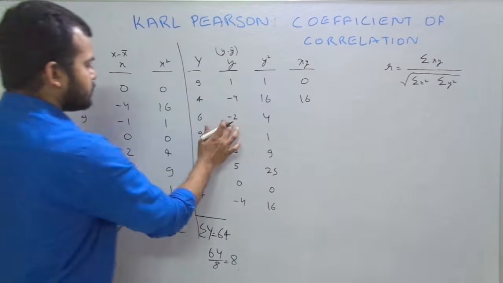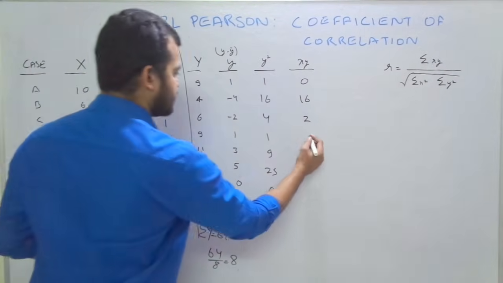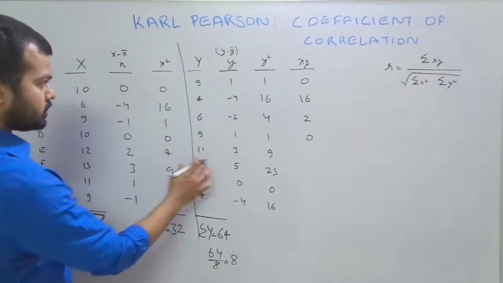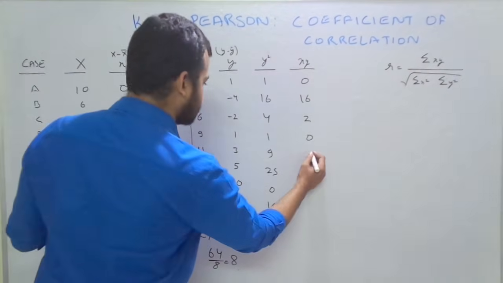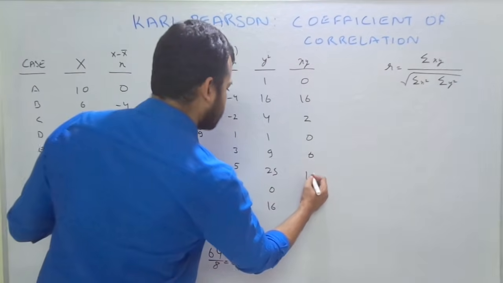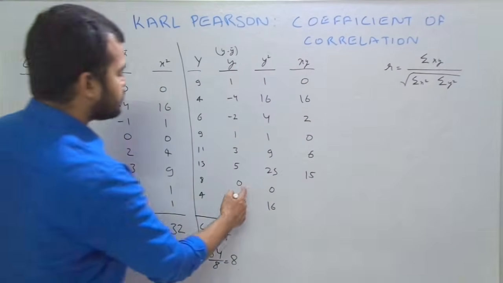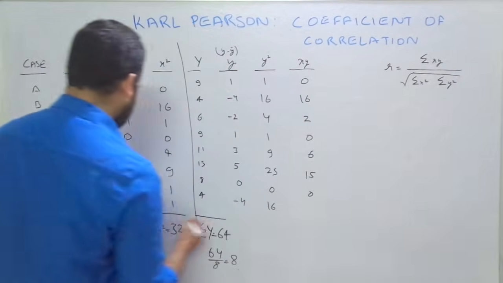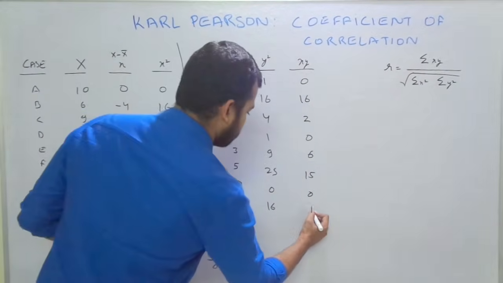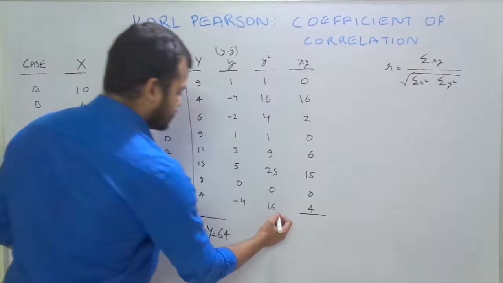Minus 1 into minus 2, that is 2. 0 into 1, that is 0. 2 into 3 is 6. 3 into 5, that is 15. Then 1 into 0 is 0. Then 1 into 4 is 4. Both are minus, that is why we are putting a positive sign.